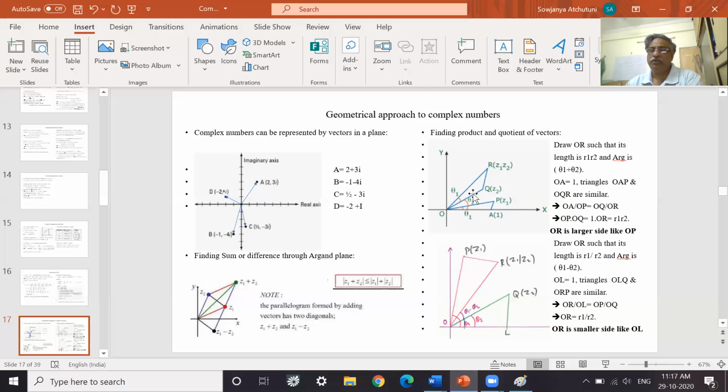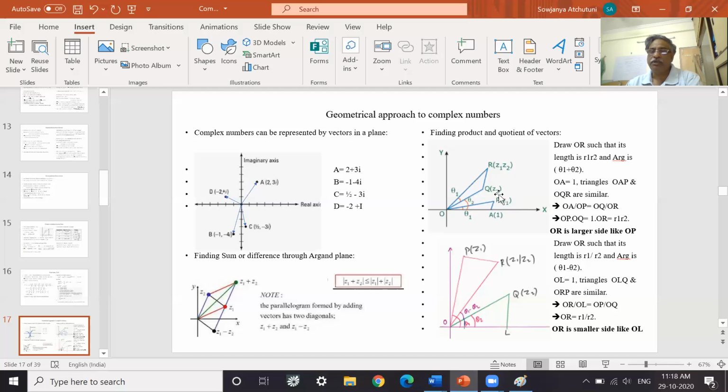So OAP and OQR are similar. So OA by OP is OQ by OR. When we cross multiply, what are we getting? OP into OQ is OR into OA. OA is 1, we have taken this as 1. So that means R1 R2 is OR.